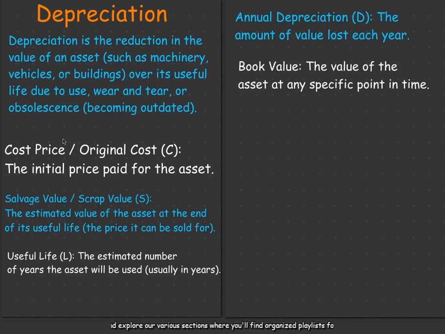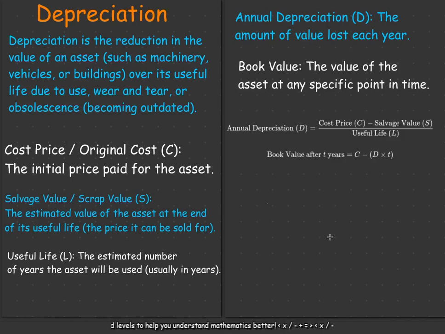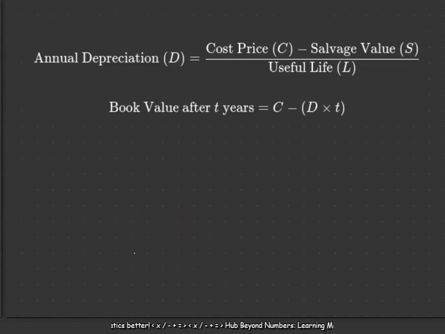Now, with that said, let's look at the formulas we need to solve for depreciation. So as you can see on your screen, the formula for annual depreciation, D, is the cost price minus the salvage value, all over the useful life.